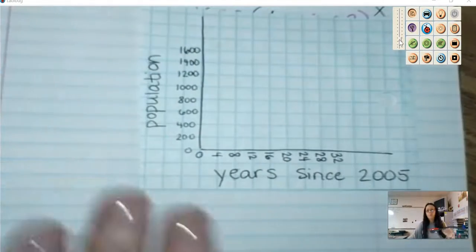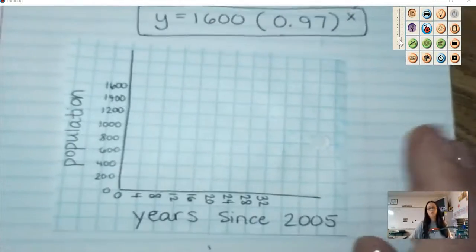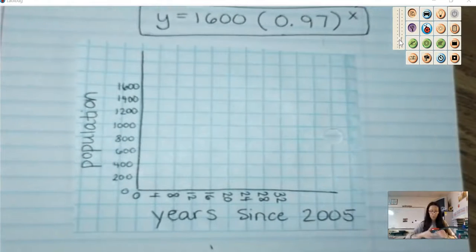So I'm going to go up by 200s. And then when you're ready, go ahead to Desmos and type in the equation.